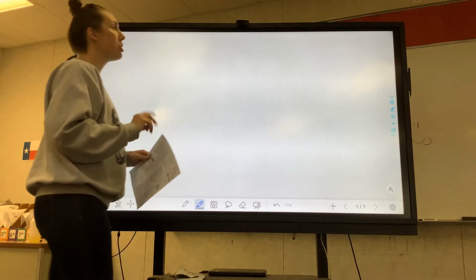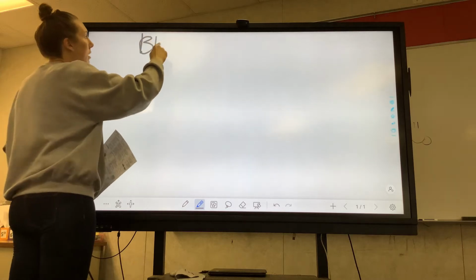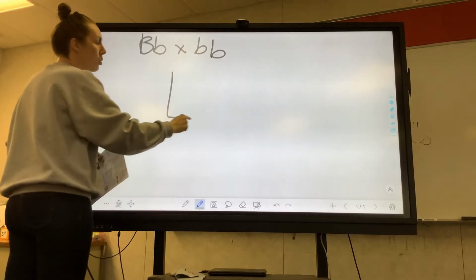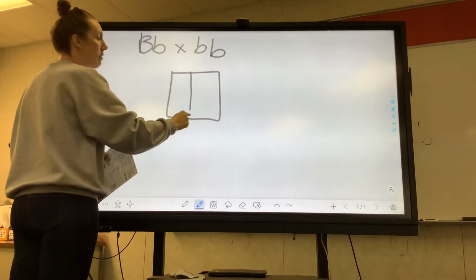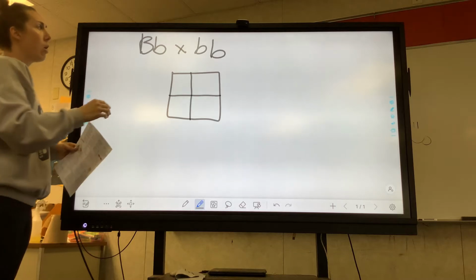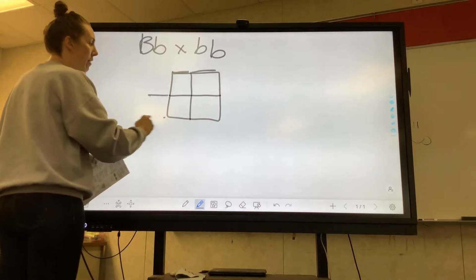Okay. So look up here. To get Punnett squares, just in case you forget, you have two parents. Big B, little b, and little b, little b. Okay? You make a window. You don't have to do this, I'm just reviewing. You make a window. One of the parents is going to have their two letters here. The other one is going to have theirs here.